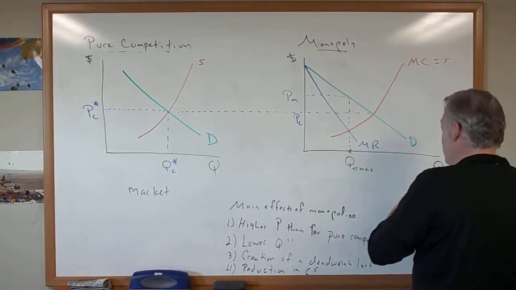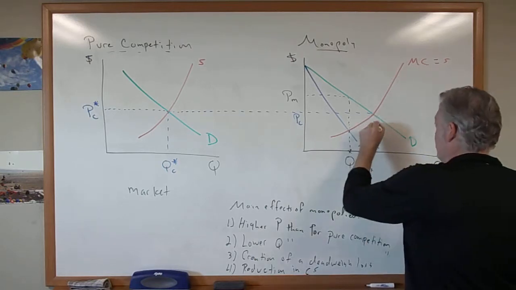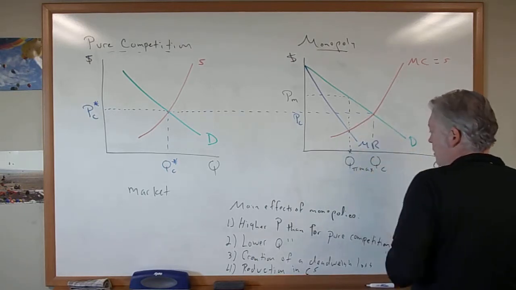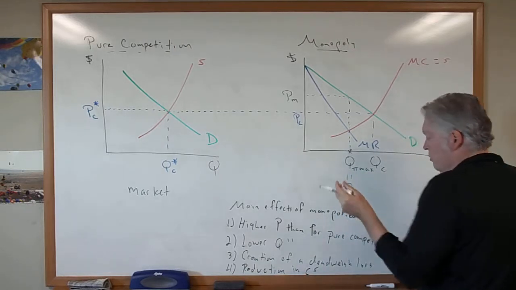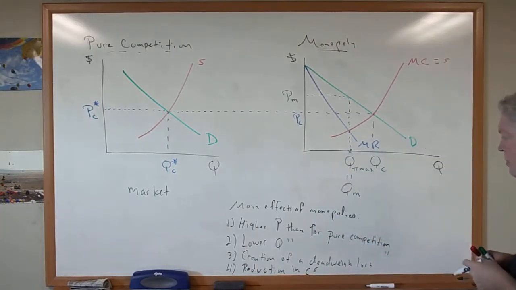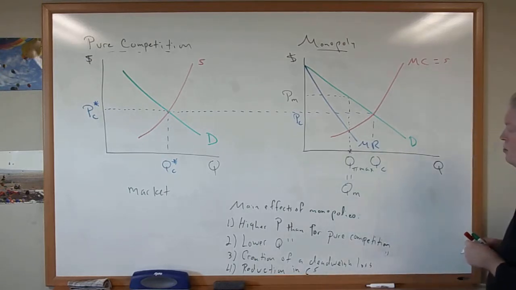And so as a result, we would have a similar point here, which we'll simply call the competitive quantity. And this quantity here we can simply refer to, even though it isn't indeed the profit maximizing quantity, it's also a monopoly quantity.